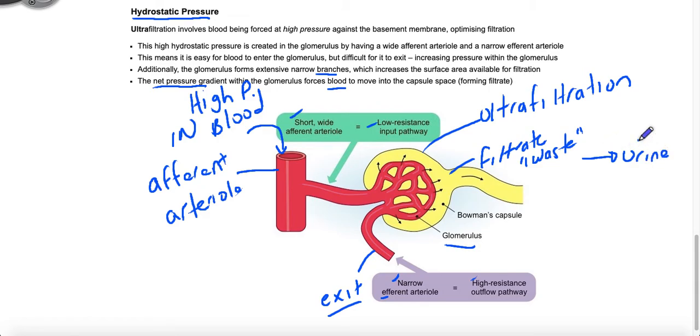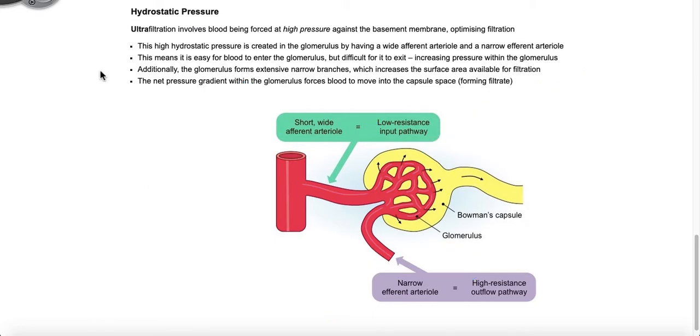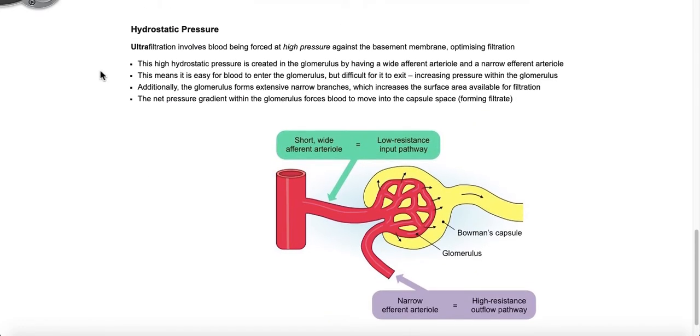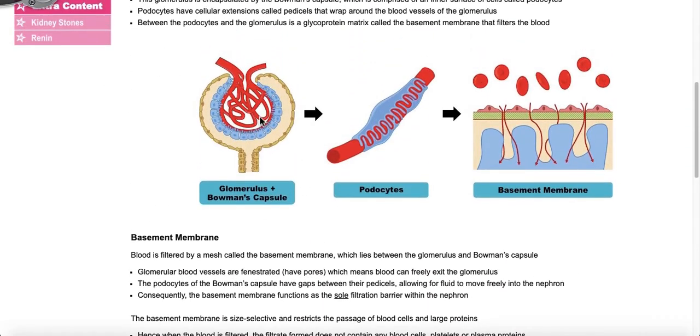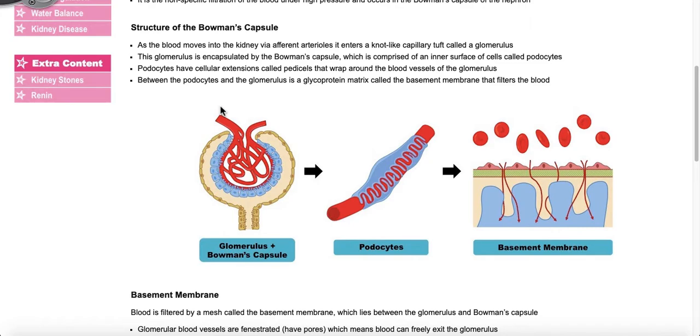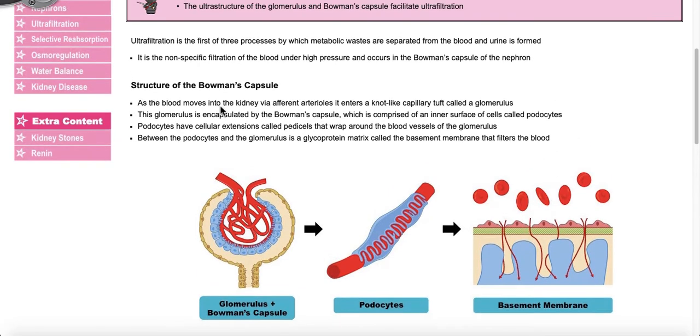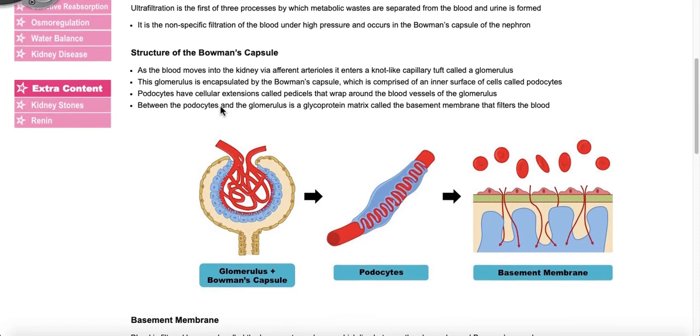Okay? So as far as this section is concerned, you just need to know how ultrafiltration happens. It happens within the glomerulus and the Bowman's capsule, and it's able to happen because of the structure of the glomerulus and the Bowman's capsule.